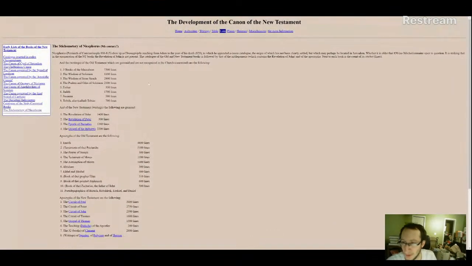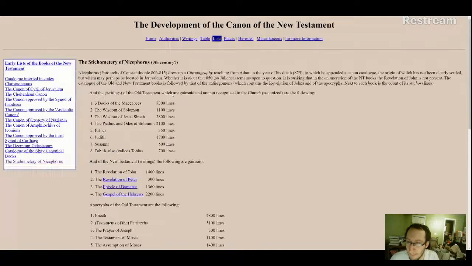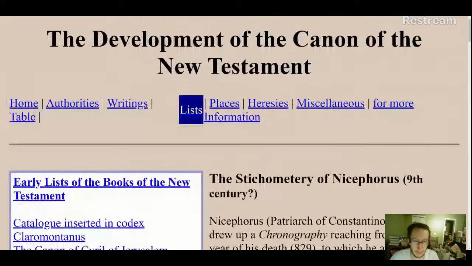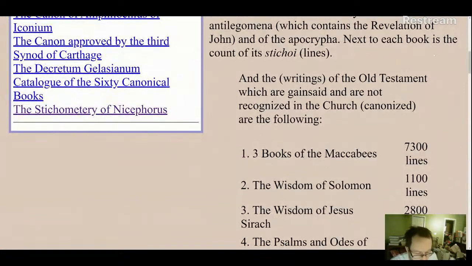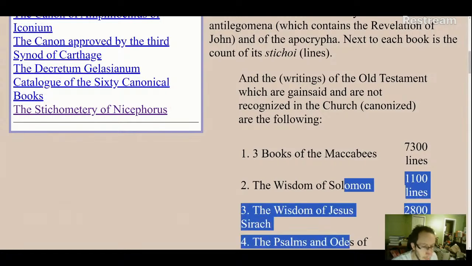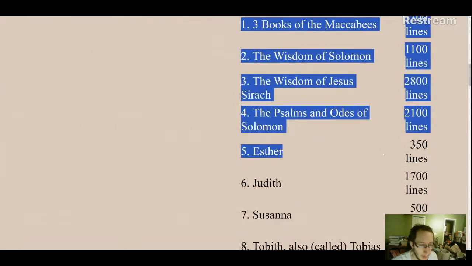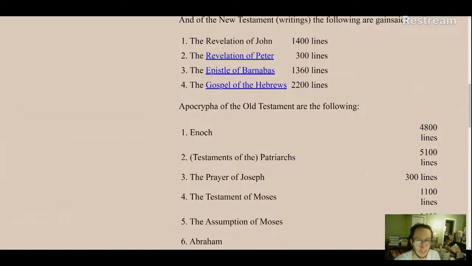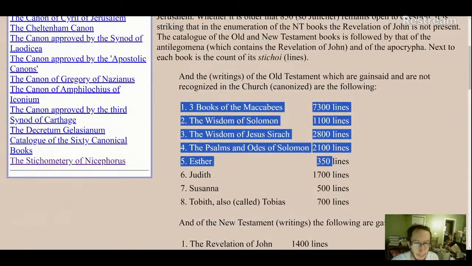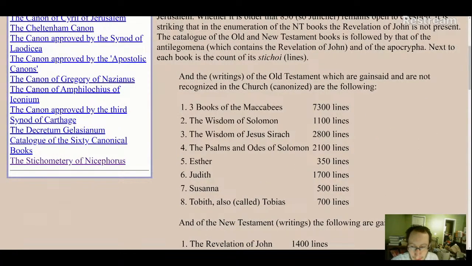So we have here something called the Stichometry of Nicephorus. And this is a list of books of scripture, including apocrypha books. So we have here, I'm not sure how big this is on the screen.